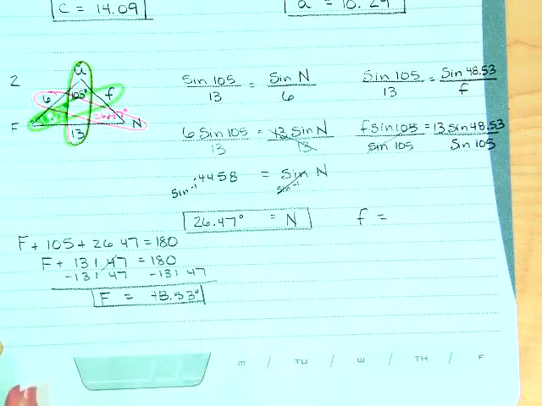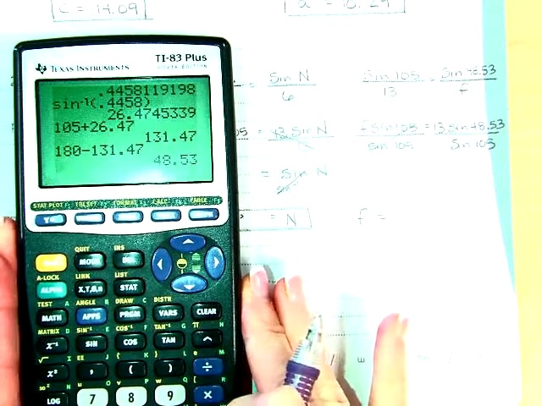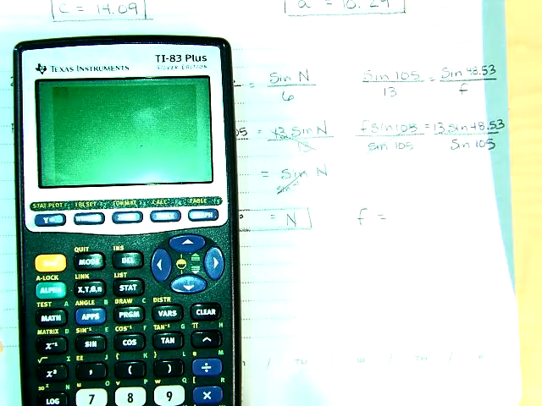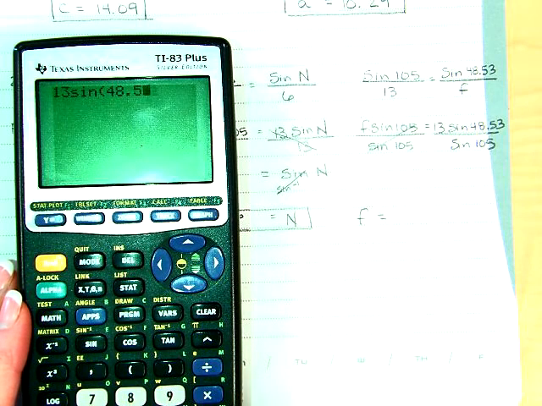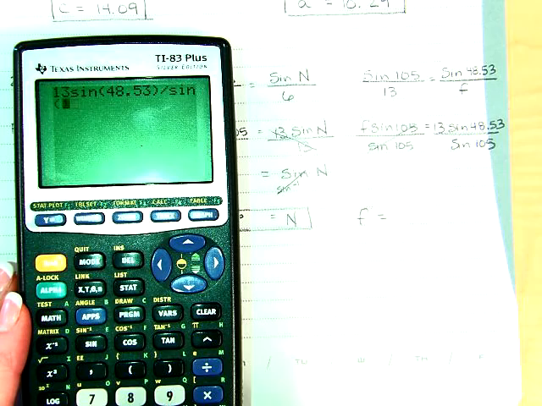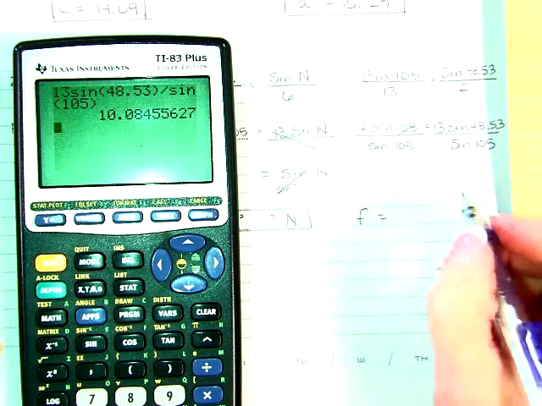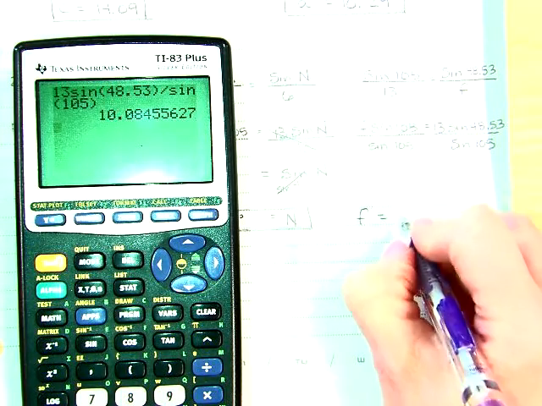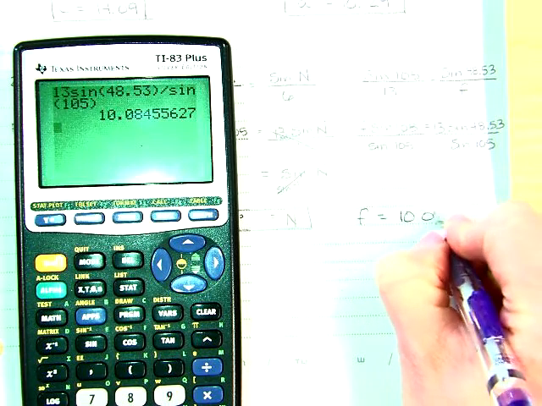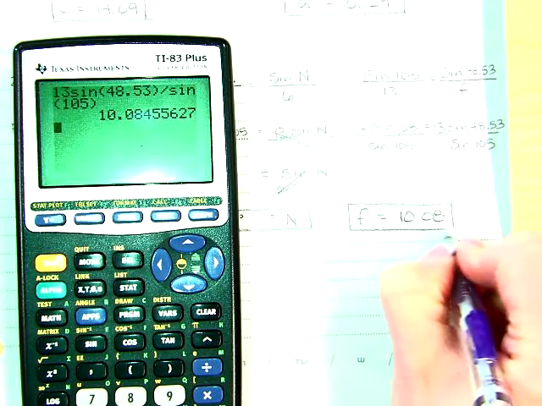And so on my calculator, I am simply doing 13 sine 48.53, close that parenthesis, divided by sine of 105. Enter, and we get 10.08 as the missing side length.